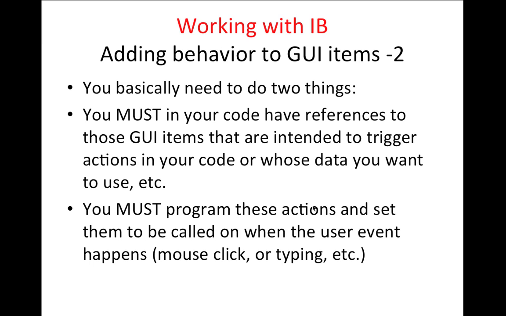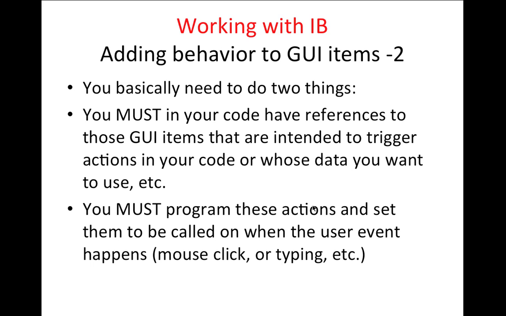Even when you created Hello World and put a button out there, you still had to tell the application delegate that there was a button, and here's an action that goes with that button, and here's what happens. Then you connect the action to the button in Interface Builder.